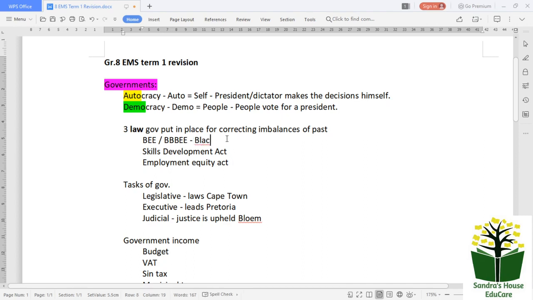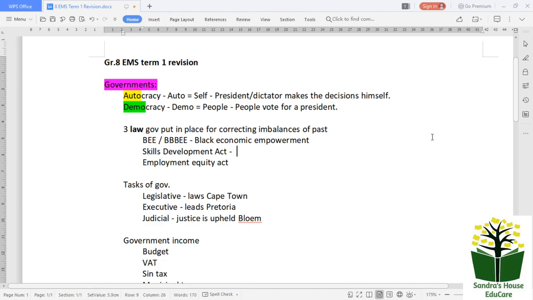The first one of those is BEE. That stands for Black Economic Empowerment, and that looks specifically at getting opportunities for black people.